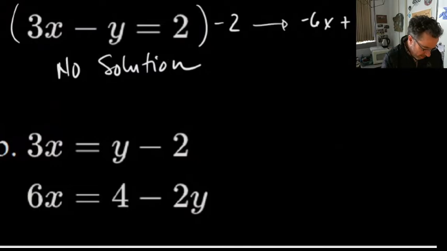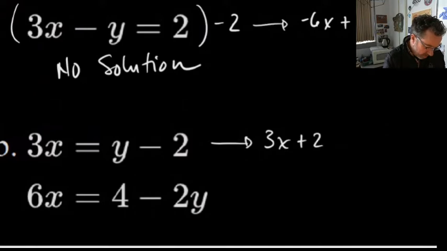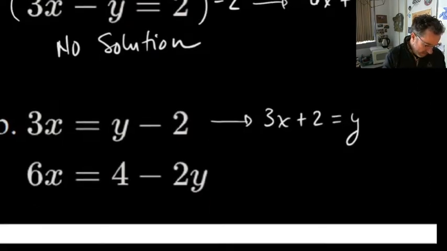I'm going to get y alone in the top equation, by adding 2 to both sides. So I get that 3x plus 2 is what y is. Okay, I got y. Now that I know what y is, I'm going to substitute that in for y in my second equation.